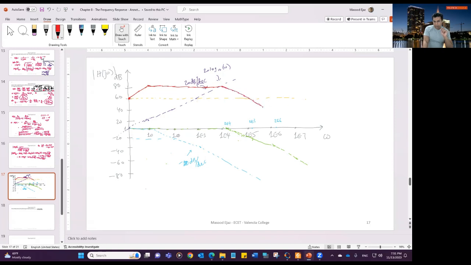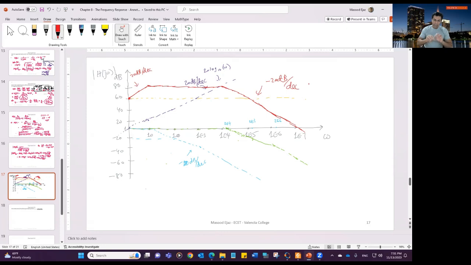Whatever that is, of course, I'm drawing freehand. So you're going to write down this is 20 decibel per decade, and the slope of this line is negative 20 decibel per decade.